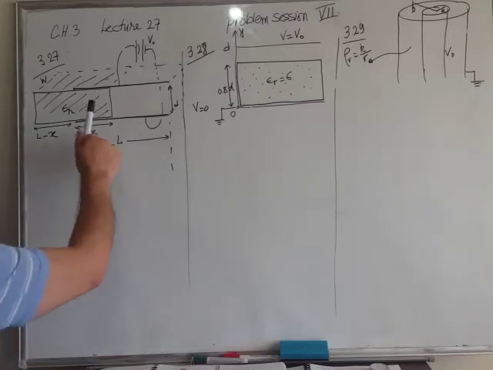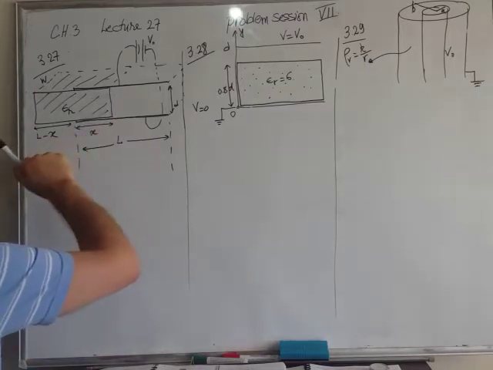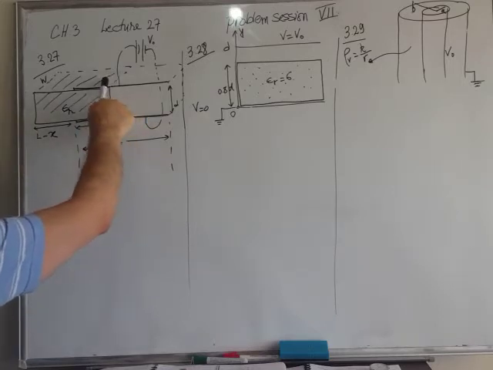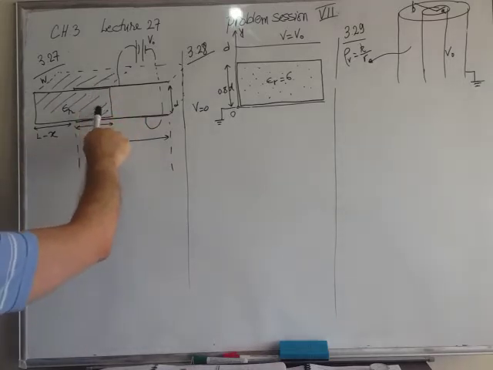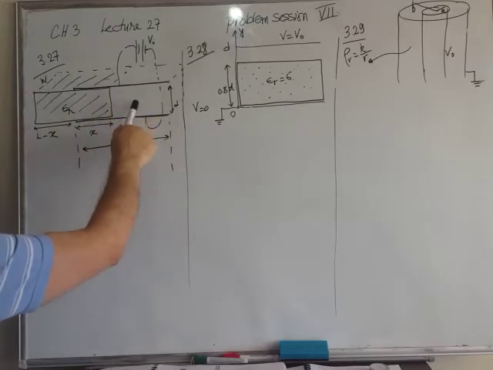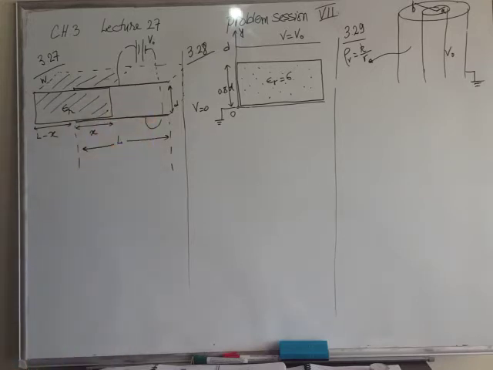Those two capacitors, the dielectric one and the air one, are connected under the same potential difference, which is V0 up and 0 down for both. Two capacitors connected under the same potential difference means that they are in parallel.